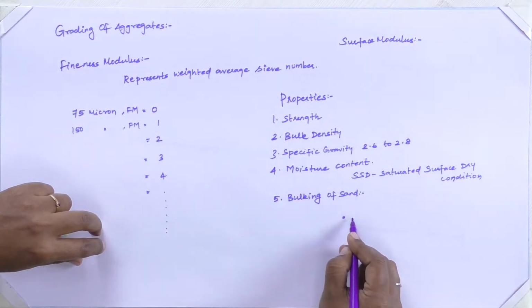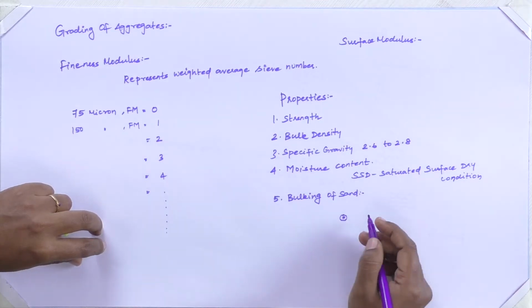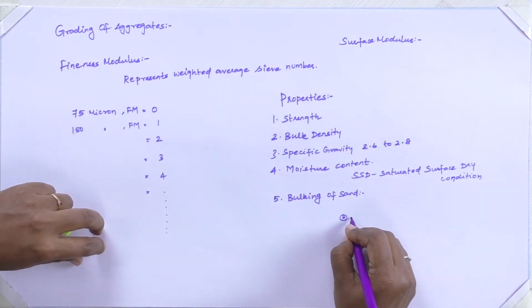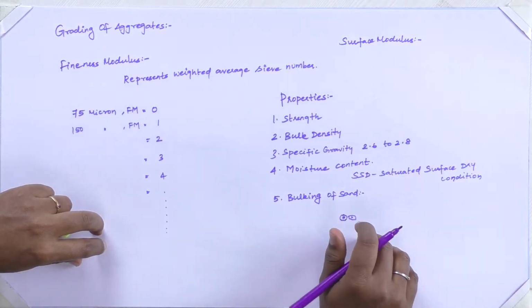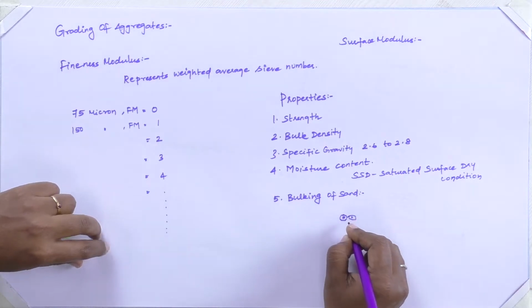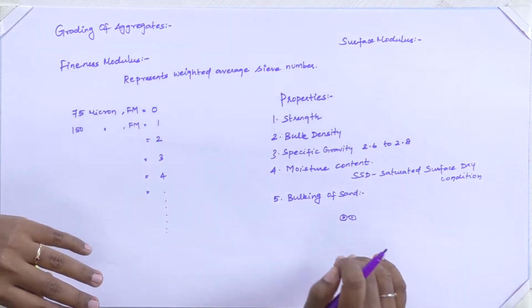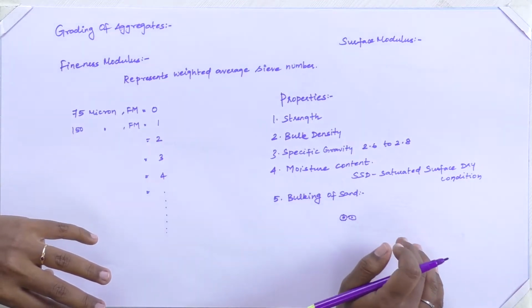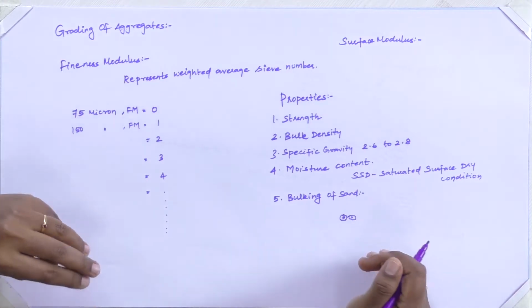Since the sand absorbs moisture, it forms a coating around it, and that leads to the separation of sand particles, and this is the reason the volume bulks due to the moisture absorption.